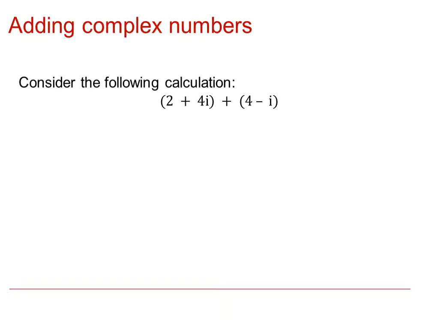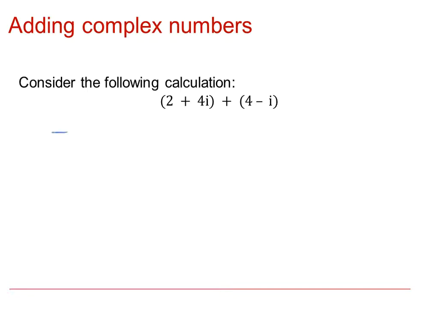Let's consider the following calculation. You may wish to pause to work out how to do this for yourself. It's actually just like algebra. So we sum the elements that are alike, in this case the real or the imaginary, to get a resulting complex number answer.